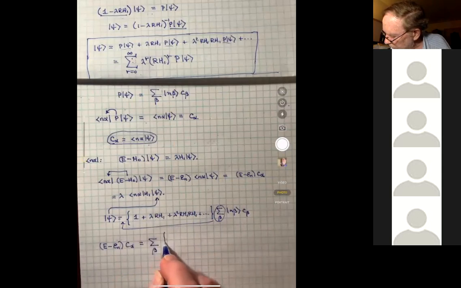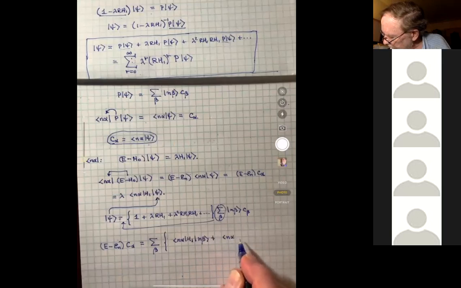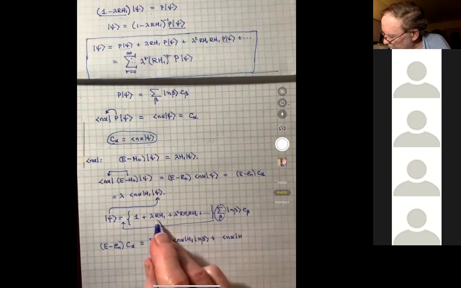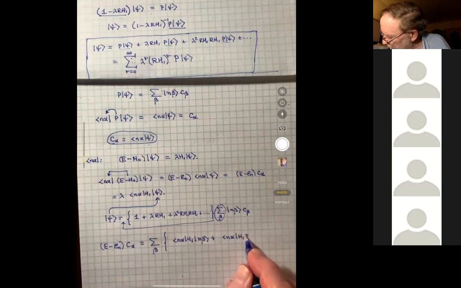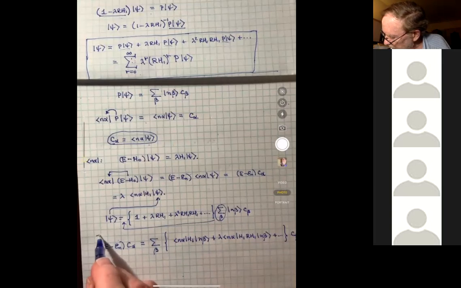We get N alpha H1 times the 1 times the N beta. Then from this term here, we get N alpha times H1 times RH1 times N beta, with a lambda here, plus dot, dot, dot, and this whole thing is then multiplying onto C beta coming from there. All right, let me box that.